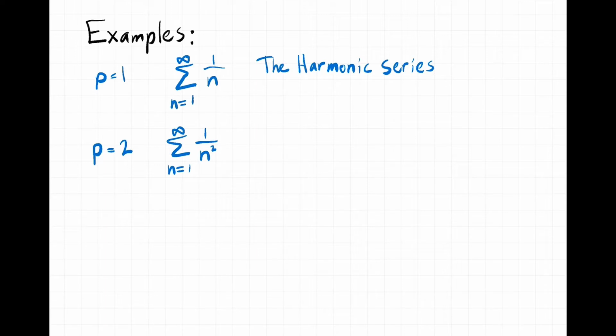And we've discussed in class that the sum of this series is pi squared over 6. The proof of that is beyond the scope of this class, but it's interesting to note that it's there. And of course, the harmonic series diverges. We've already proved that as well.